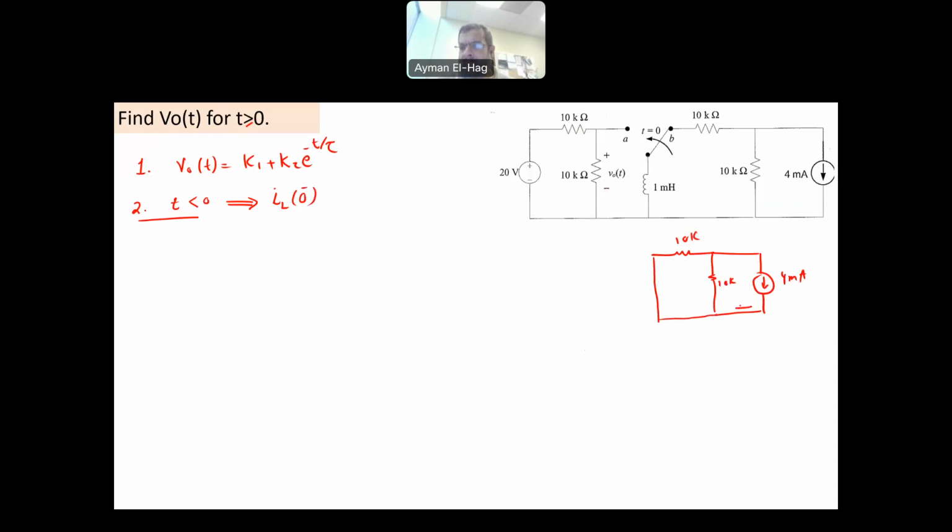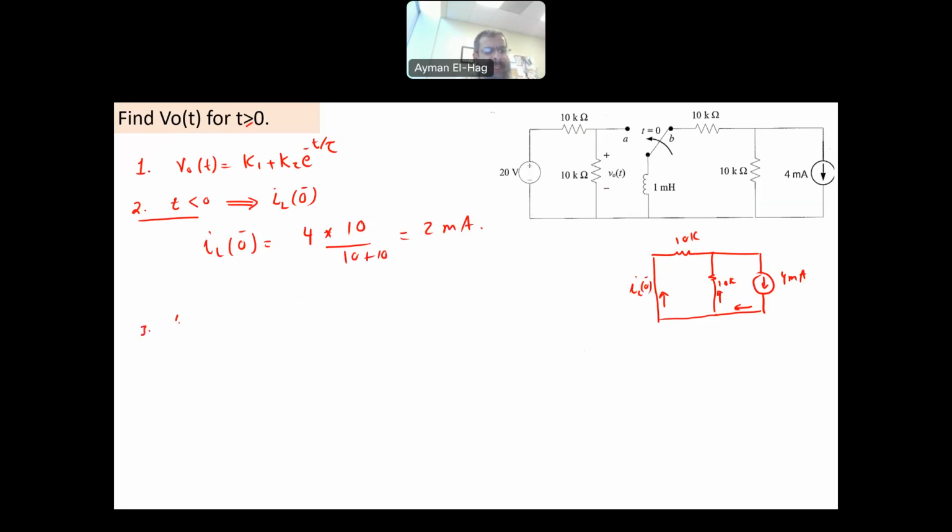So the 4 milliamps will split here and there. This is your IL at 0 negative. Using current division, IL at 0 negative is equal to 4 times 10 kilo divided by 10 plus 10, and this gives me 2 milliamps. This is the current at t less than 0.